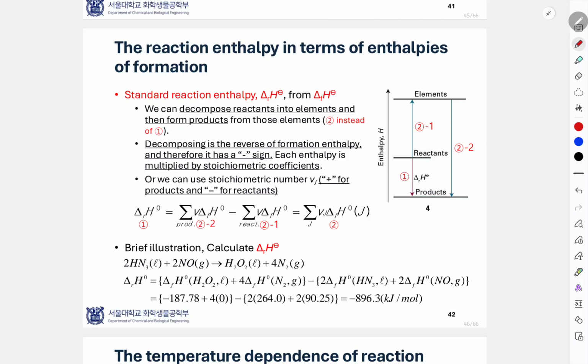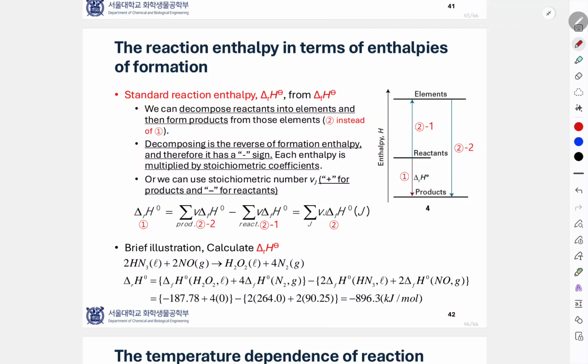The standard enthalpy of formation of the two products, one is hydrogen peroxide and then 4 moles of nitrogen, minus the standard enthalpy of formation of the 2 moles of reactants, ammonia and nitric acid. You can check the standard enthalpies of formation from any reference, and the result is minus 896.3 kilojoules per mole at room temperature.